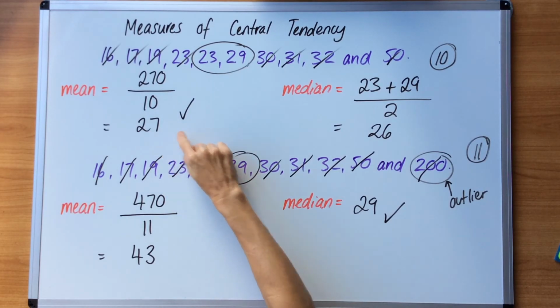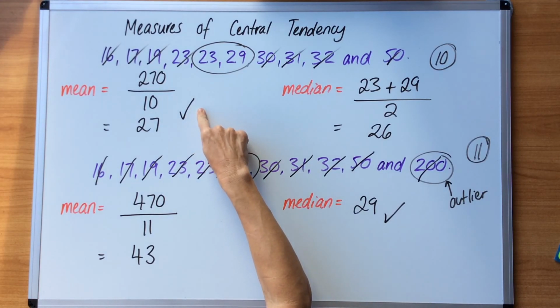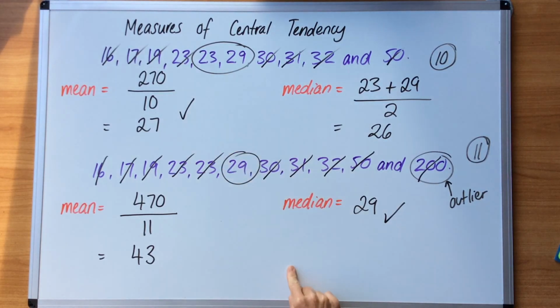However, you look at the 27 and the 26, and yes, they are very similar and both could be used as a good representation of the data. However, rule of thumb is choose the mean when there's no outliers, and for this one here, choose the median when there are significant outliers.